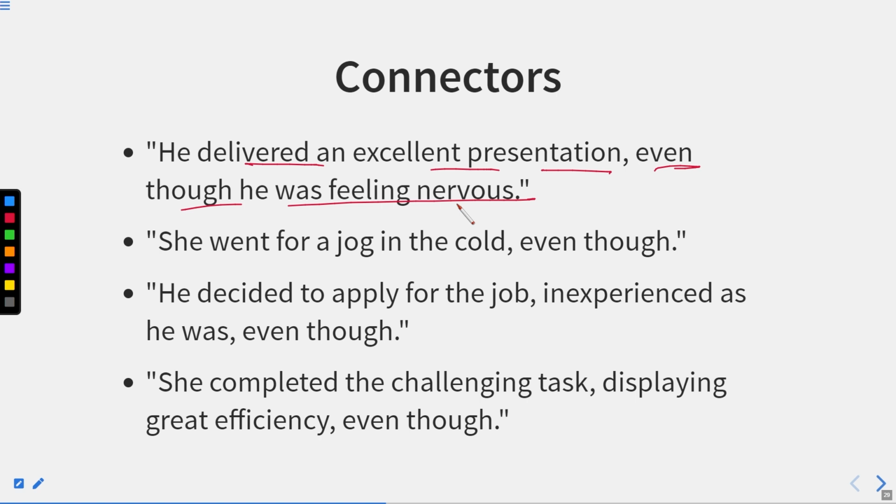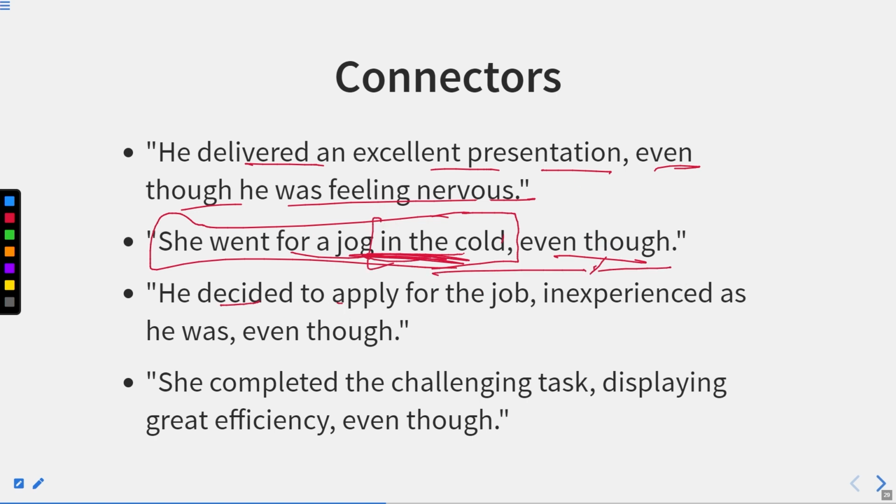She went for a jog in the cold even though. Now we can also use even though at the end of the sentence, as in: she went for a jog in the cold even though. Now we have combined two sentences together, and after that we have mentioned even though. He decided to apply for the job, inexperienced as he was, even though.